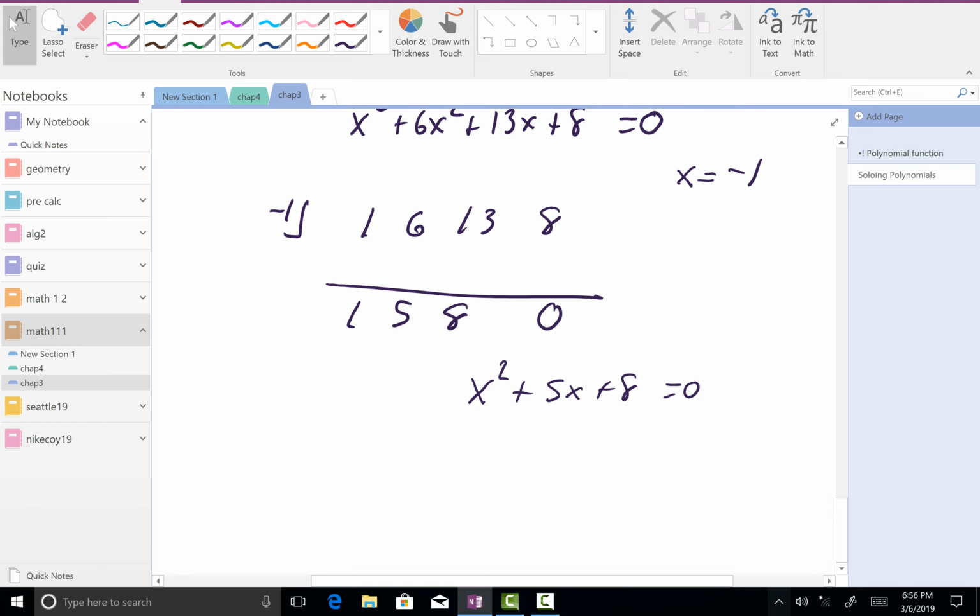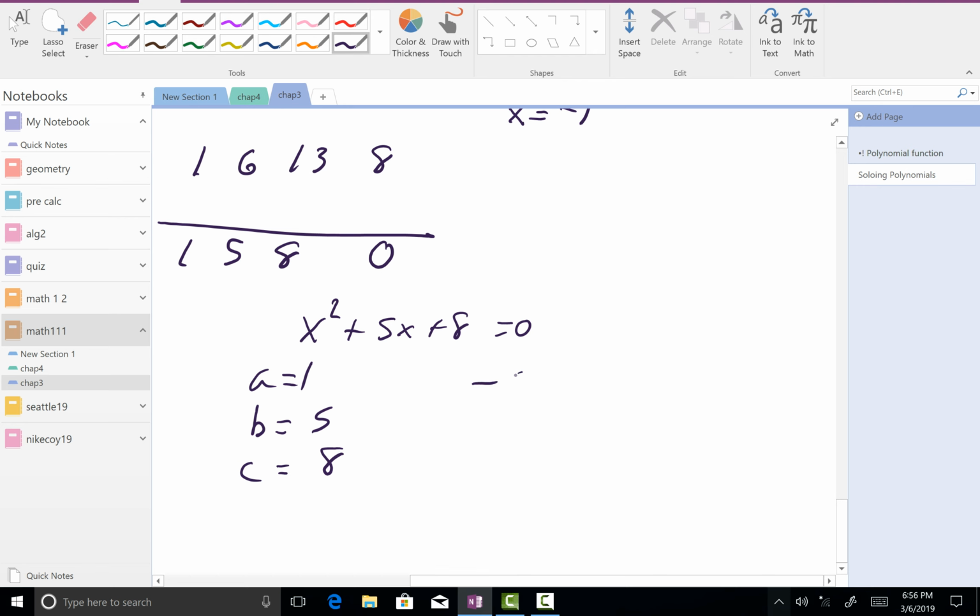All right. Let's use the quadratic formula on this and see what happens. 1, 5, 8. Here we go. Now, what do I know I'm going to get for sure? Because you guys said there was only one x-intercept.